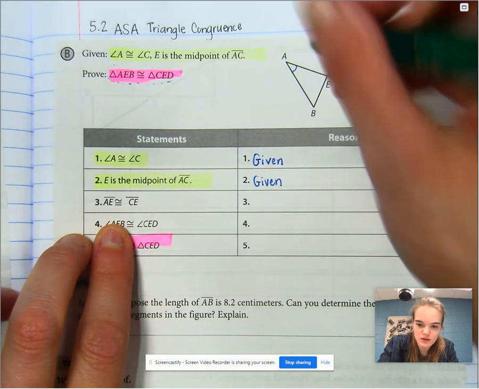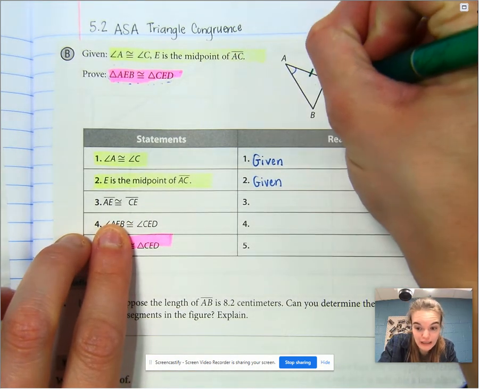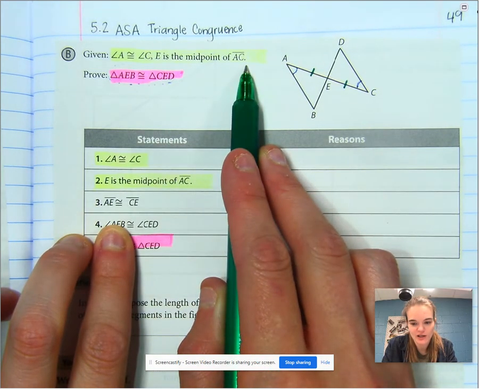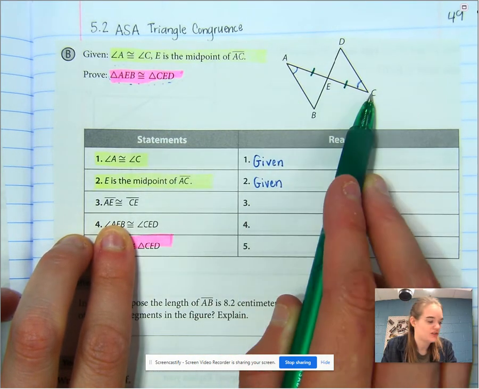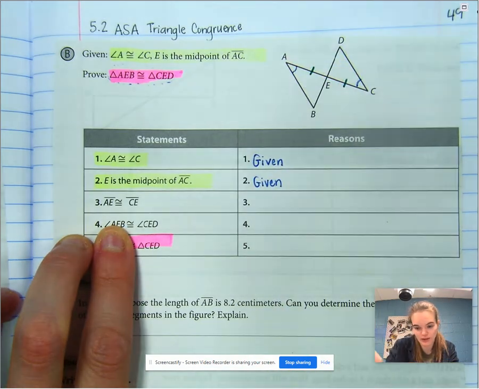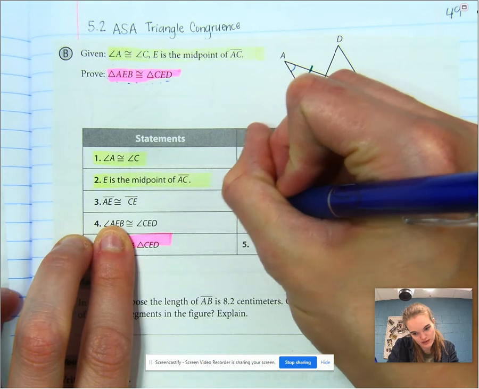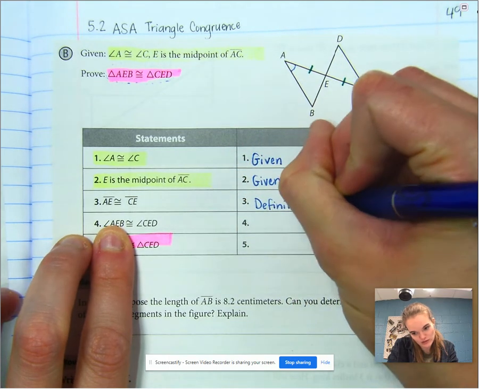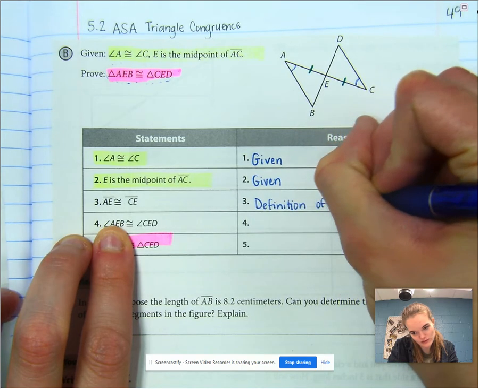Well, okay. But why? Since E is the midpoint of AC, that means E is going to cut this into two congruent pieces. That is the definition of midpoint. The definition of a midpoint is that it breaks it into two congruent pieces.